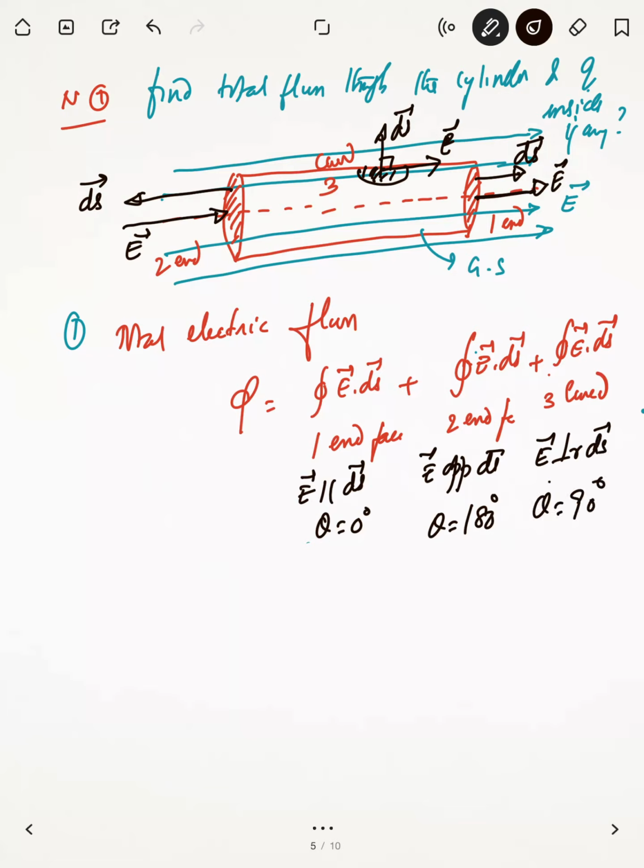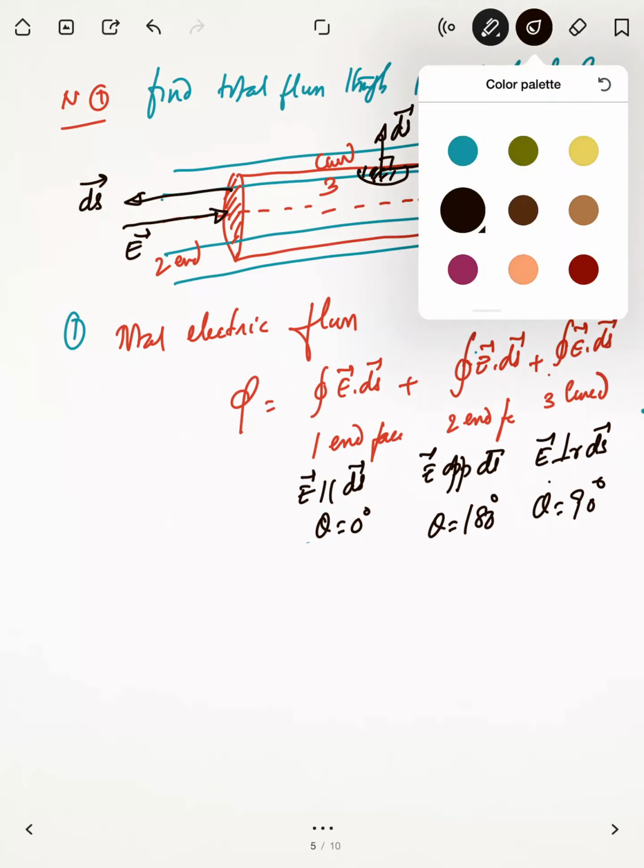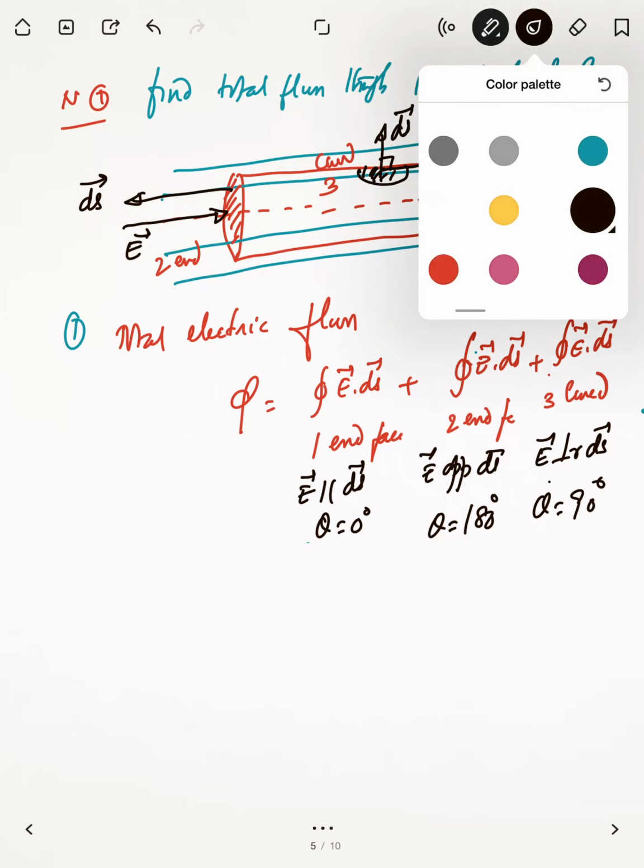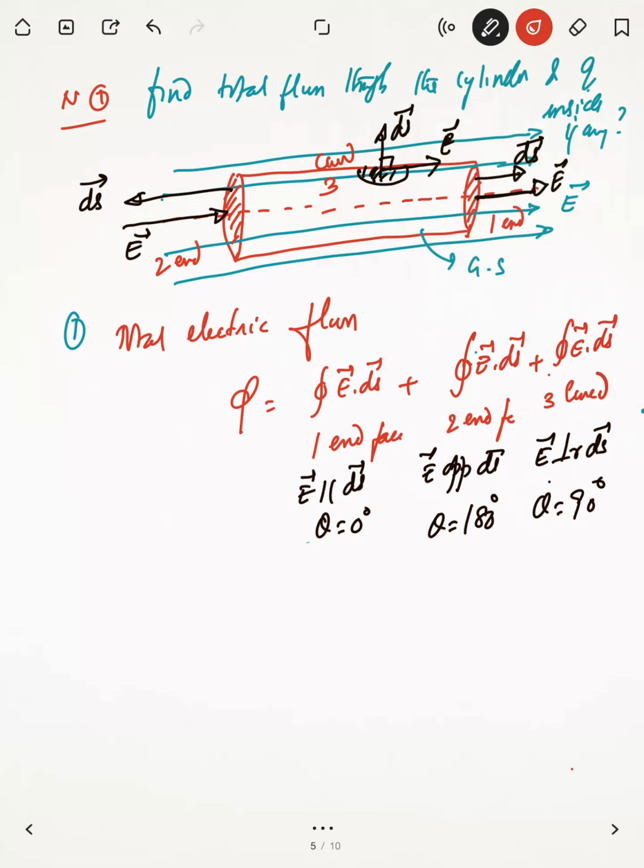So what is the total flux coming in this? Total flux phi is equal to closed integral E dot ds, theta 0 degree, equal to closed integral E ds cos 0, which is 1. Next one, it is E ds cos 180, cos 180 is minus 1, so minus closed integral E ds.